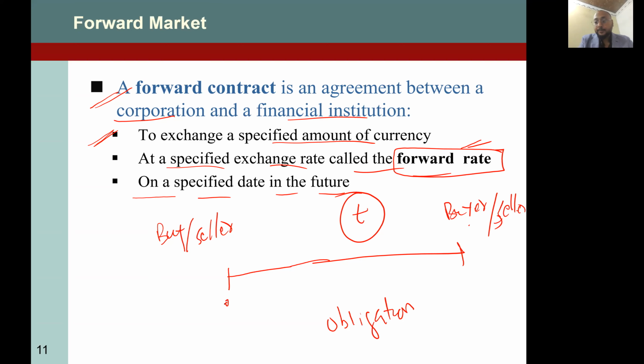Time zero means initiation of the contract, and this is time T. In between, the obligation is still valid until time T, and there's going to be a defined rate that at time T we will have our transaction at this rate.